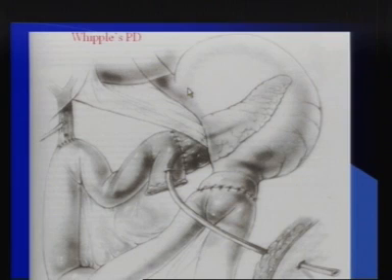So here we have shown that for lower end CBD, for periampullary cancers, and for the CA head of the pancreas, whenever disease is resectable for cure, the treatment is a Whipple's procedure, whether you apply a pylorus preserving or non-pylorus preserving.